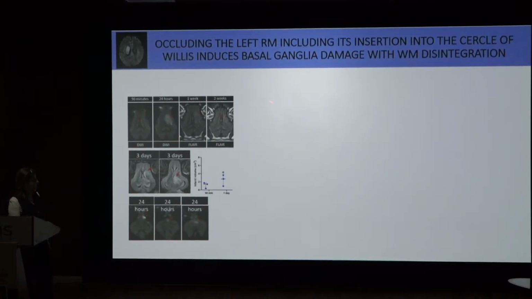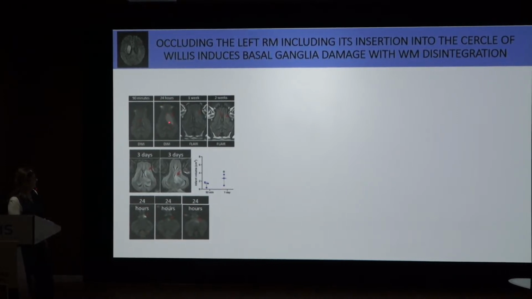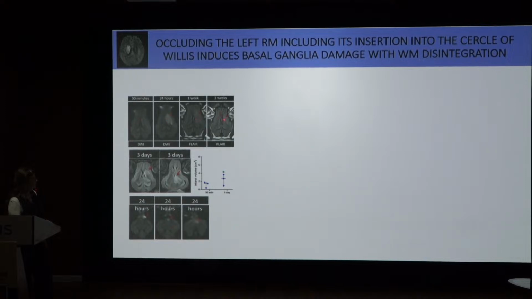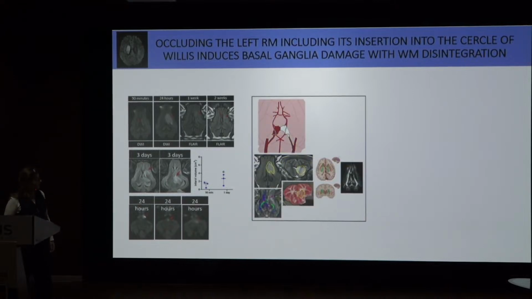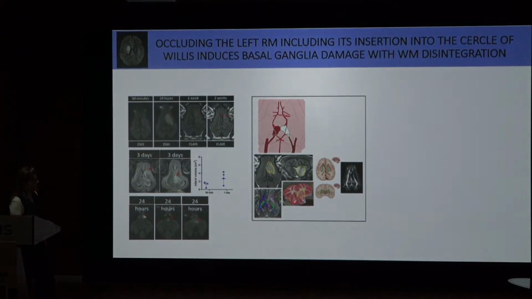When we do several animals with this model, what we see is infarct located basically in the striatal area that is still there up to 2 weeks. This is another animal. You see different levels of the brain. You see the damage here and here. And these are different animals in the more ventral slices. So we know that in this area there is still damage in brains obtained 1 month after the embolization.